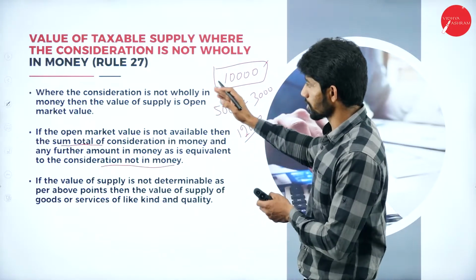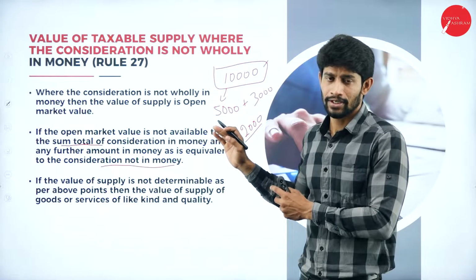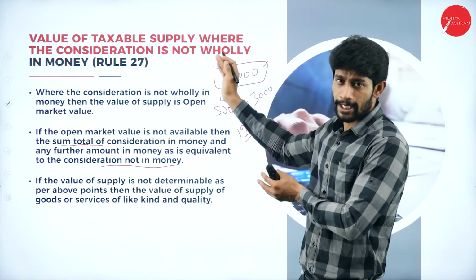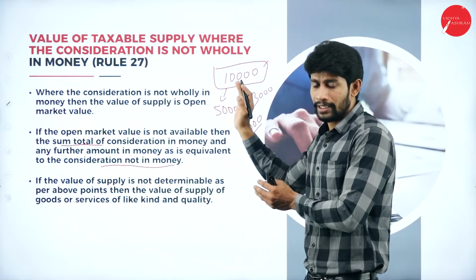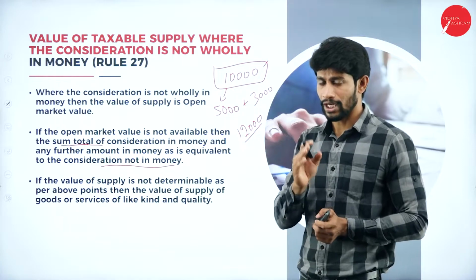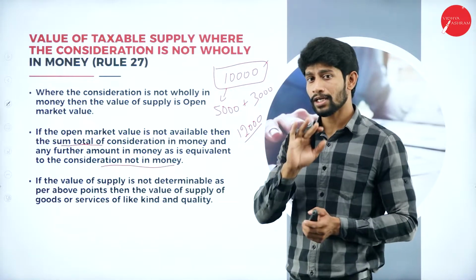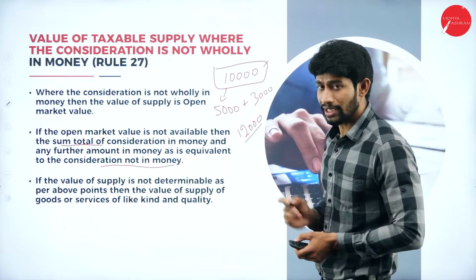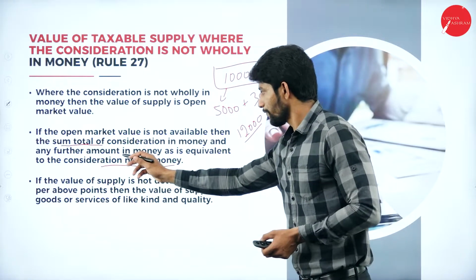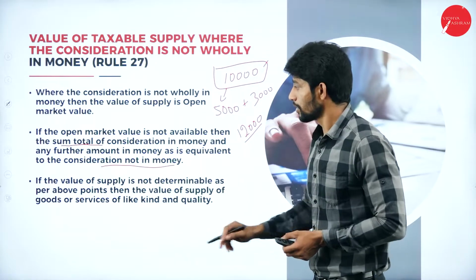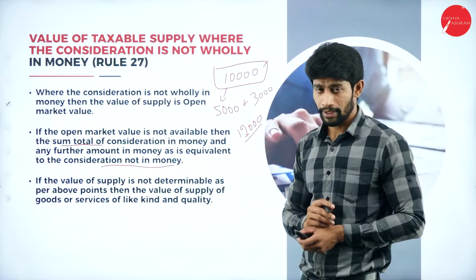So this is what Rule 27 says. If the transaction is not happening only in money, then we are supposed to consider the open market value as the value of supply. In case the open market value is not available, then the sum total of consideration in money and any further amount in money as is equivalent to the consideration not in money.